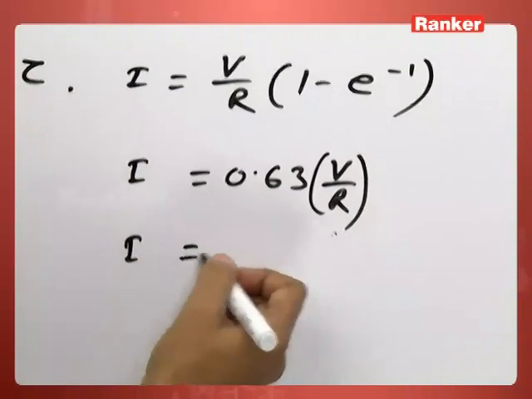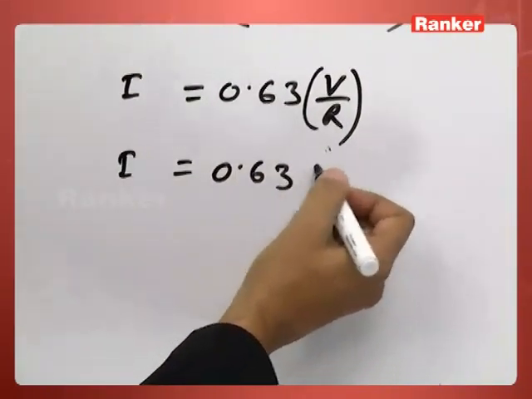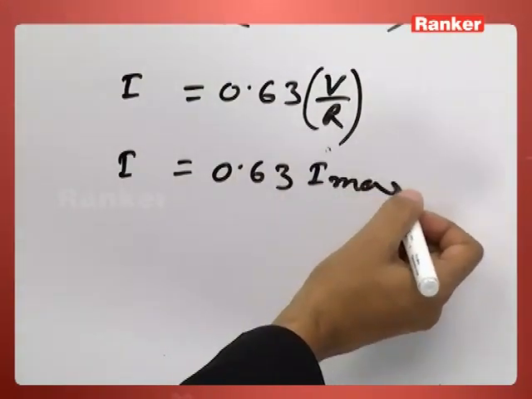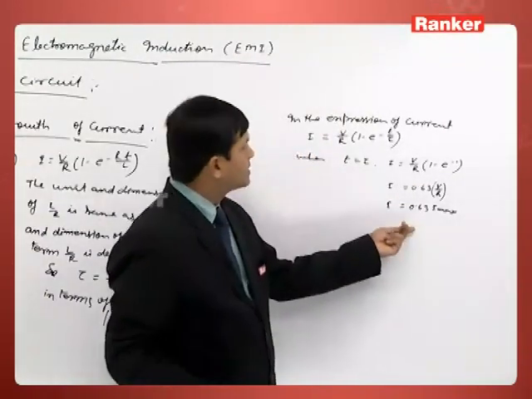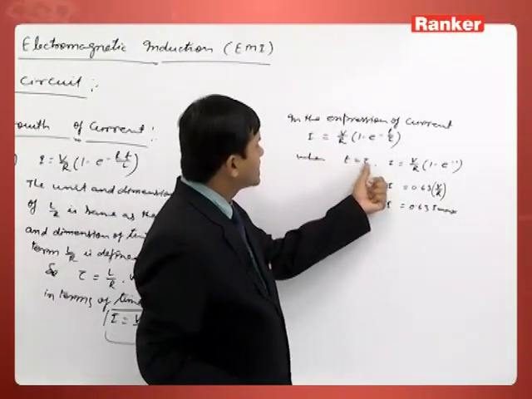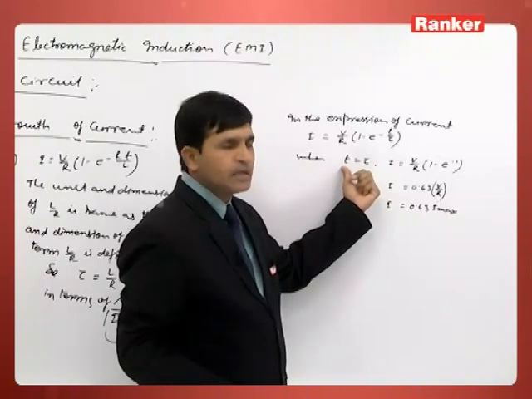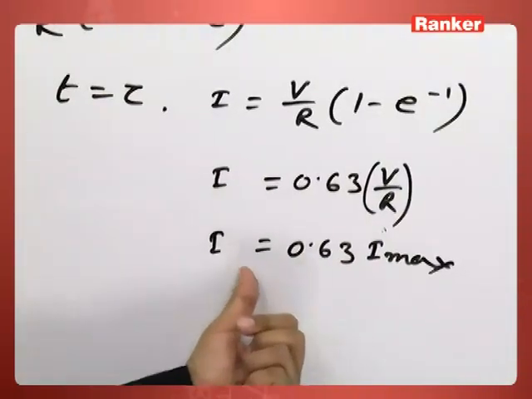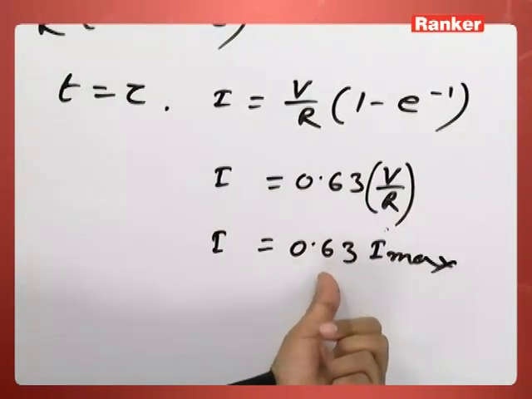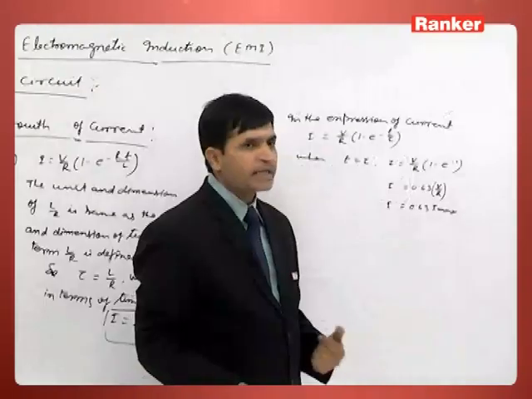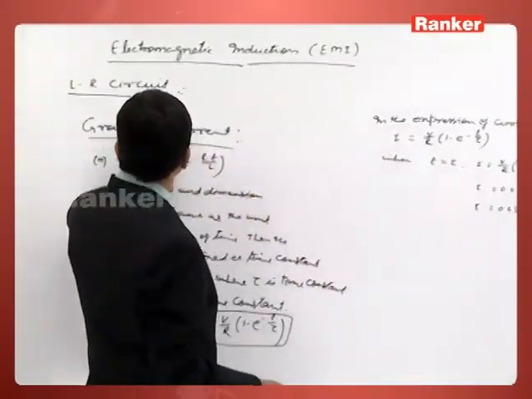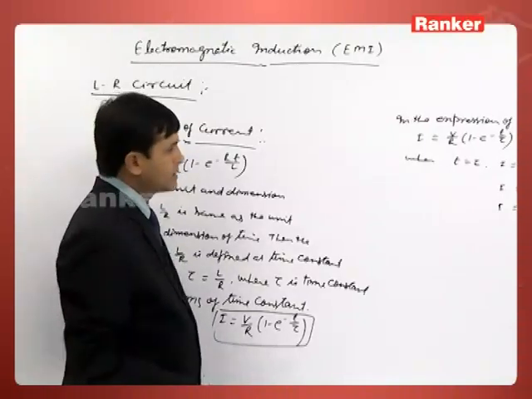So I is equal to 0.63 I maximum. So we can say the time constant is that time in which the current in the circuit is 63% of its maximum current during the growth of current in the circuit.